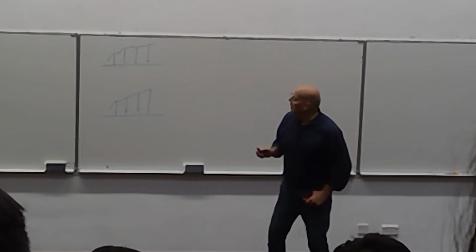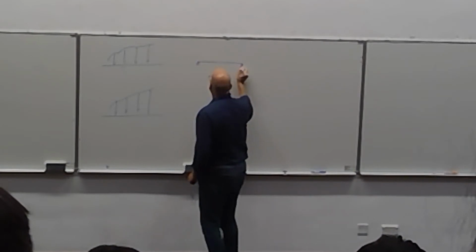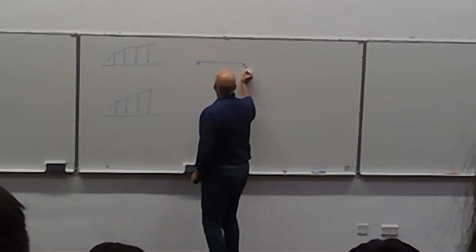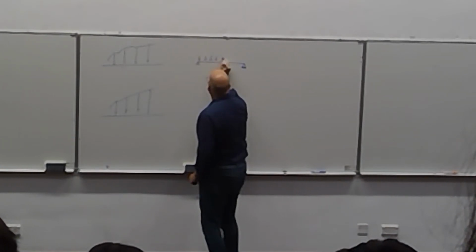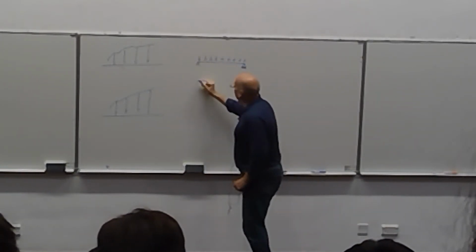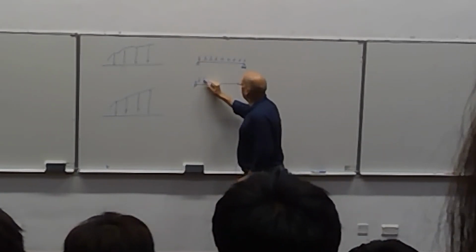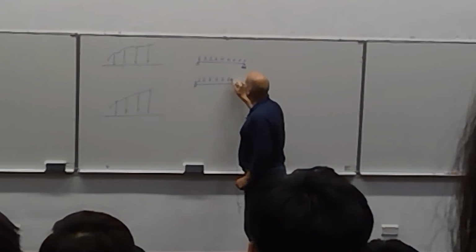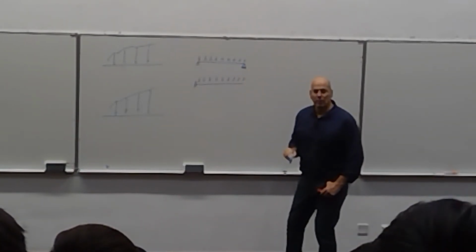Let me give some examples. Let's say we have a simply supported beam with a uniform load. Or, let's say I have a cantilever beam with a uniform load, with the same uniform load.